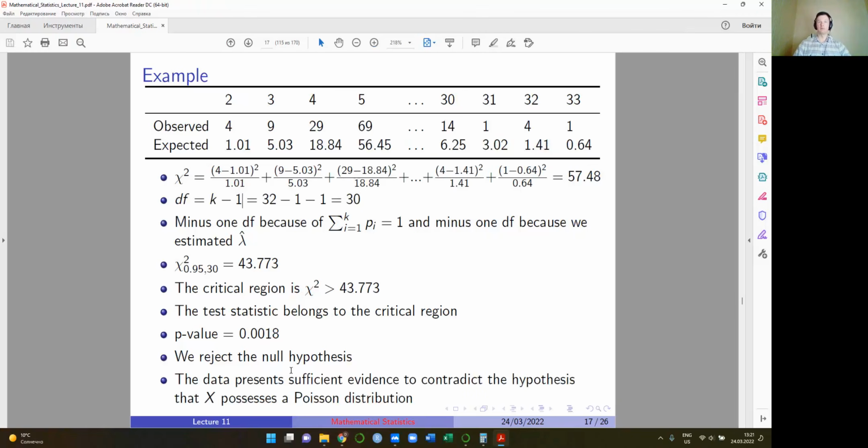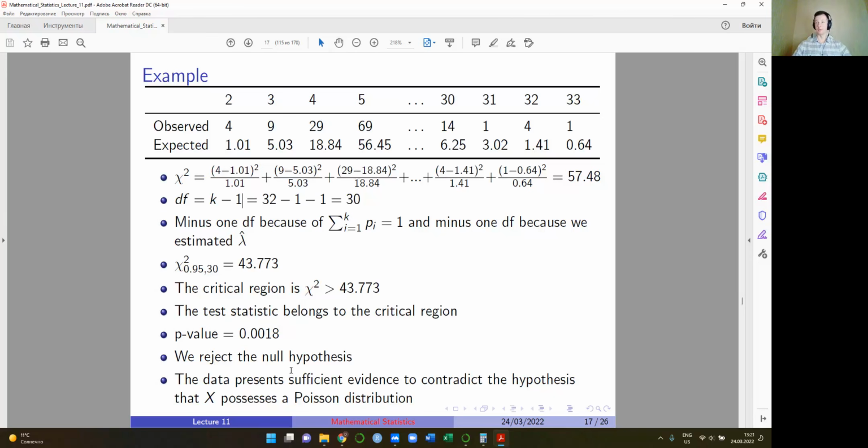So the data presents sufficient evidence to contradict the hypothesis that X possesses a Poisson distribution. Unfortunately, we assumed that this data is distributed according to the Poisson distribution. We estimated lambda, but it turns out that the data contradicts our assumption about the Poisson distribution.